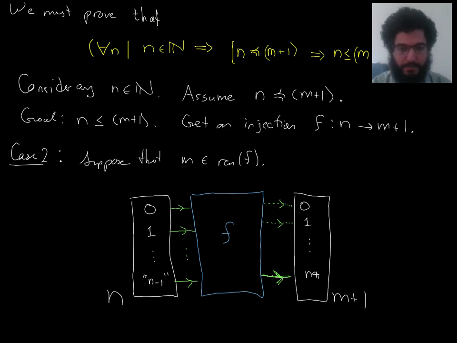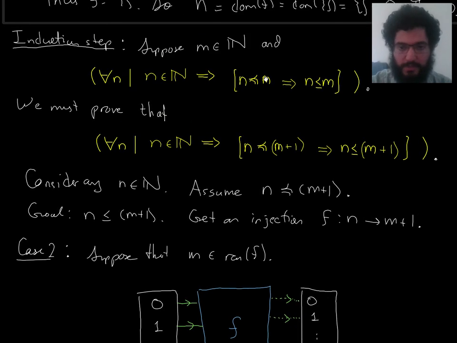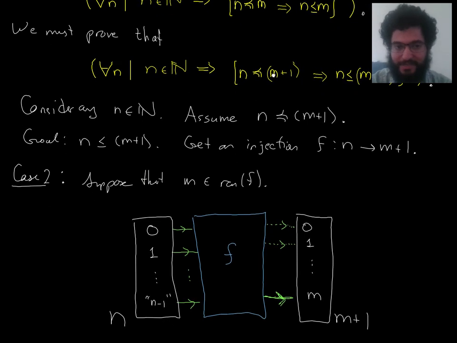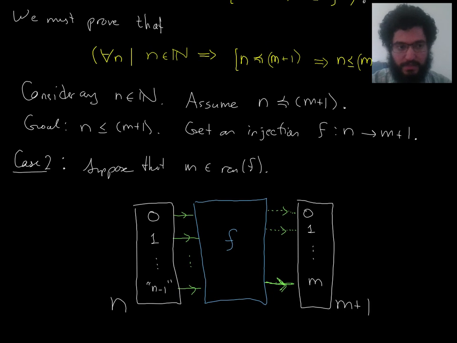So what to do now? Remember, I want to use the induction hypothesis. I want to somehow reduce myself to the case where I have an injection to m rather than m plus 1, right? So how do I get an injection to m?